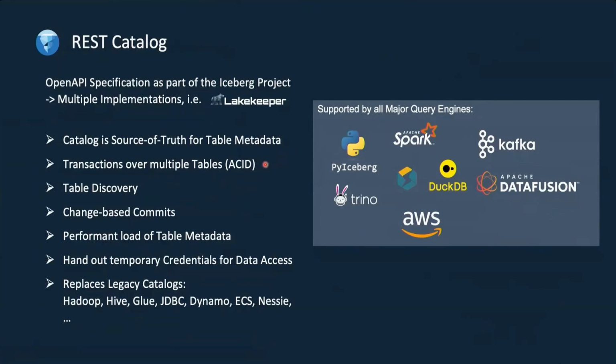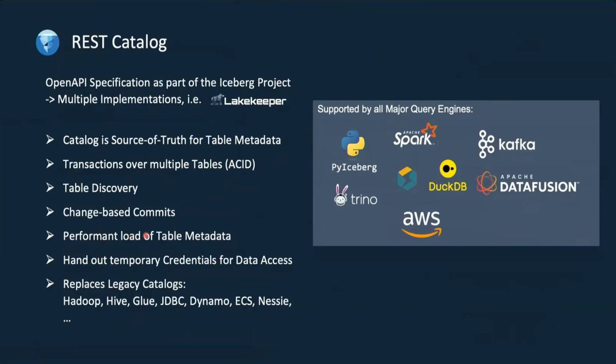If you have multiple tables on S3, it's really hard to have a transaction that spans multiple tables. And this is what we have the catalog for, which can do this. So yeah, there are a few more advantages on why we need this catalog. Sufficient to say today, this is a required component. If we build a lakehouse, we need a catalog.